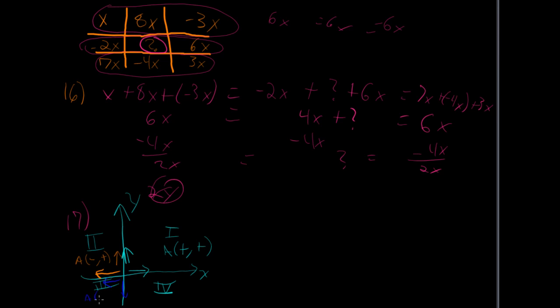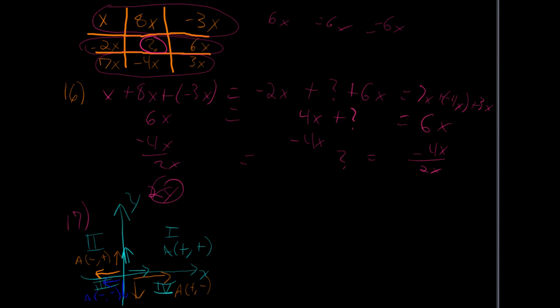So point A will have a negative x value and a negative y value. These are the same, so quadrant 3 is out. And in quadrant 4, you'll be going to the right in the x direction and down in the y direction, which will make A have a positive x value and a negative y value.